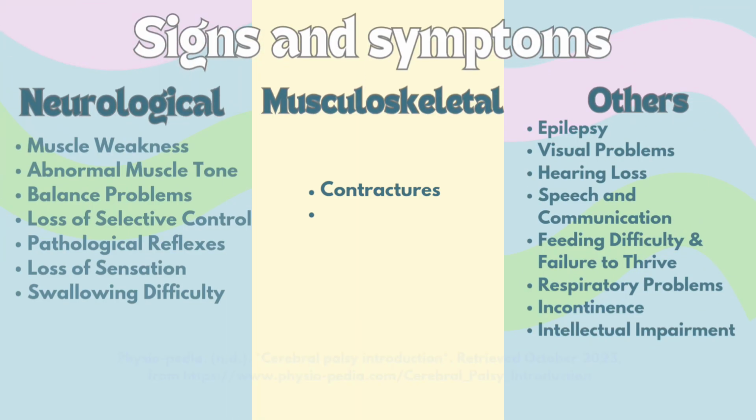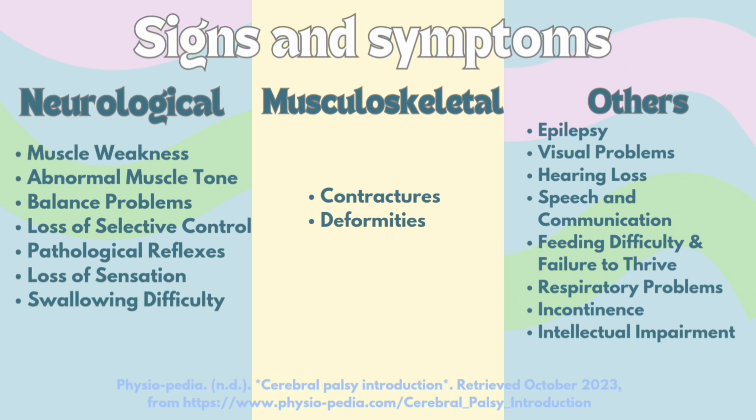What are the signs and symptoms of cerebral palsy? It can be divided into 3 domains: neurological, musculoskeletal, and other associated problems. Neurological issues commonly faced by children with cerebral palsy are muscle weakness, abnormal muscle tone, balance problems, loss of selective control, pathological reflexes, loss of sensation, and swallowing difficulty.